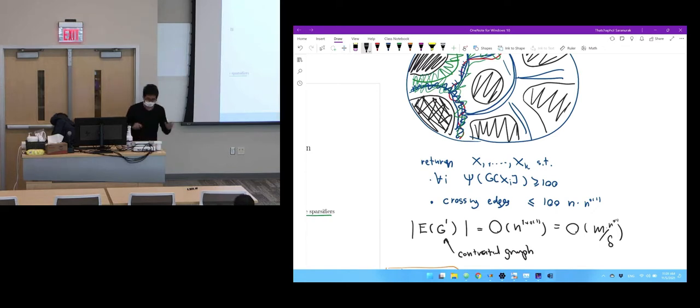So we bound the number of edges; the graph shrinks in the number of edges. We showed this in class.